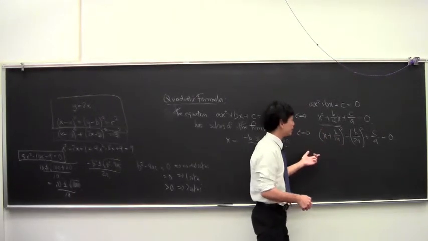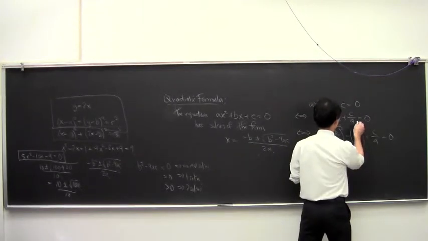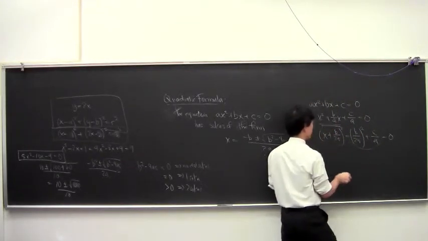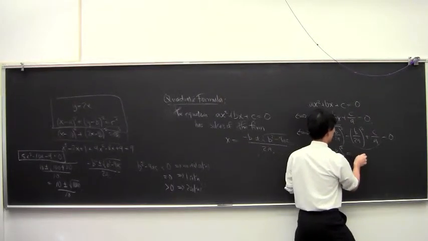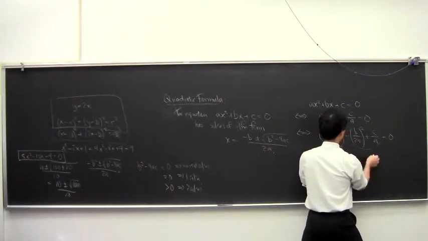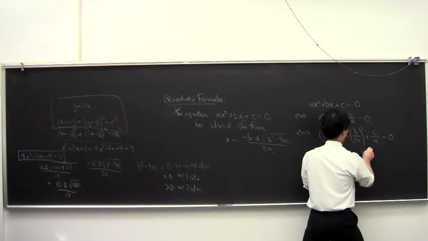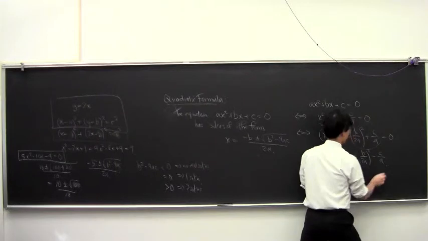Then you say, okay, let's move this to the other side. x plus b over 2a quantity squared is equal to b over 2a quantity squared minus c over a.